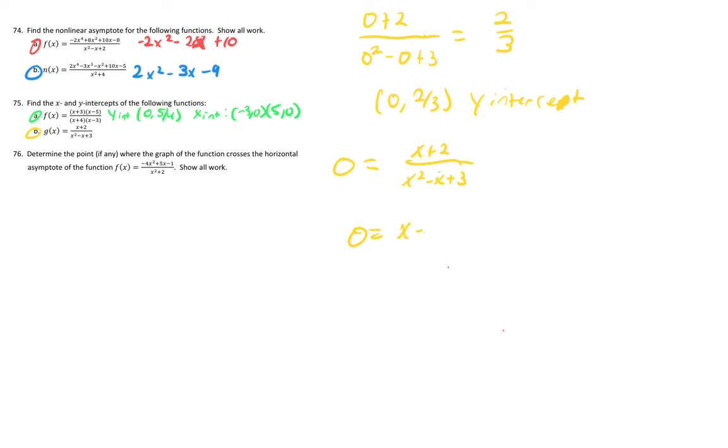So 0 is equal to x plus 2, x is equal to -2, but let's check and make sure that doesn't zero anything out. So that would be -2 squared minus -2 plus 3, which will be 4 plus 2 plus 3, which is 9. So that does not make the function undefined. So the x-intercept is at -2, 0.